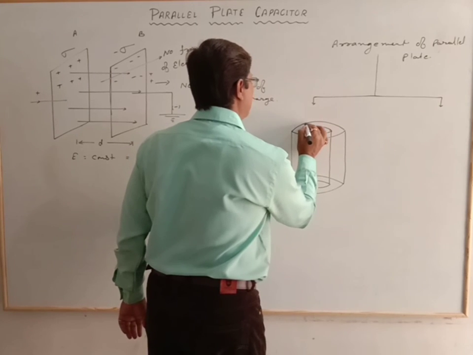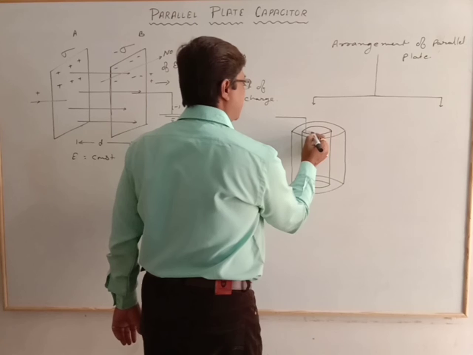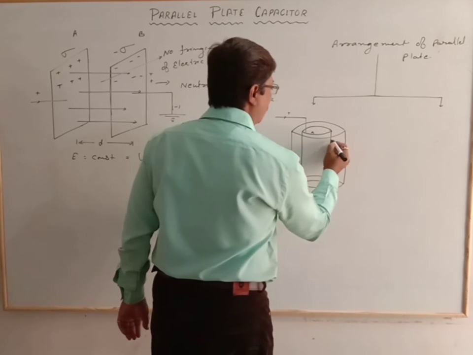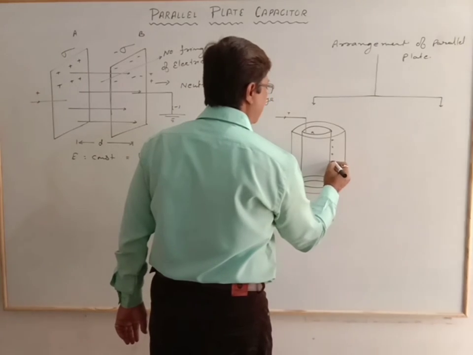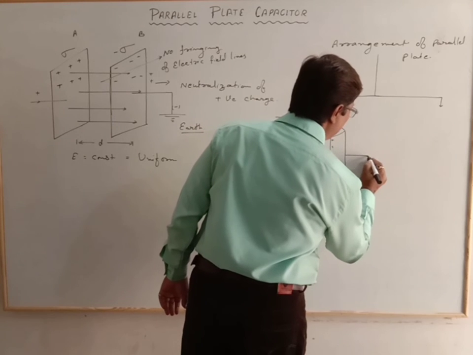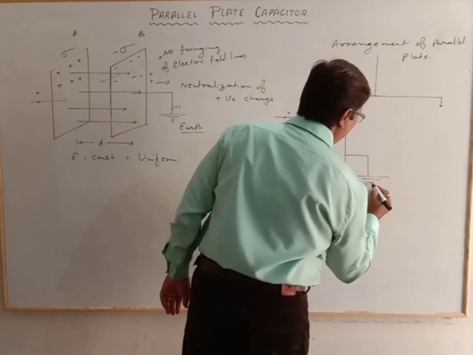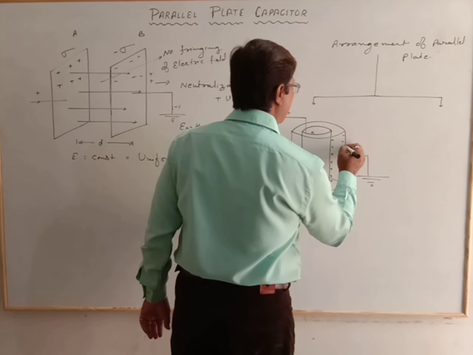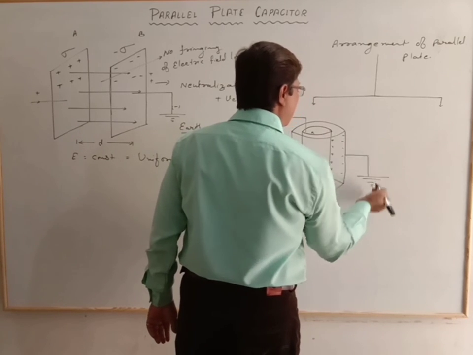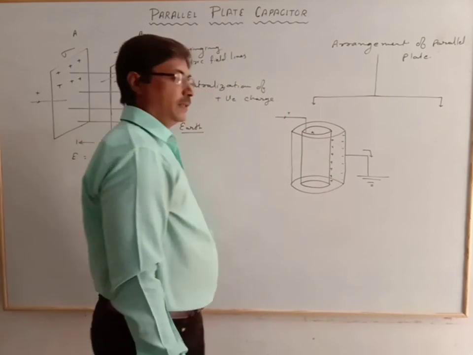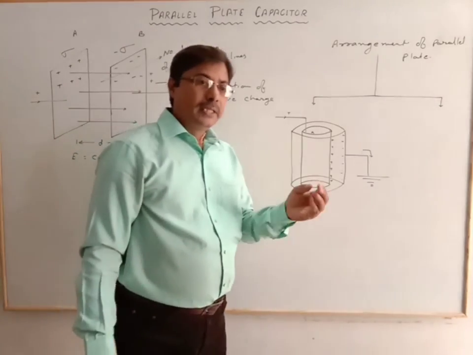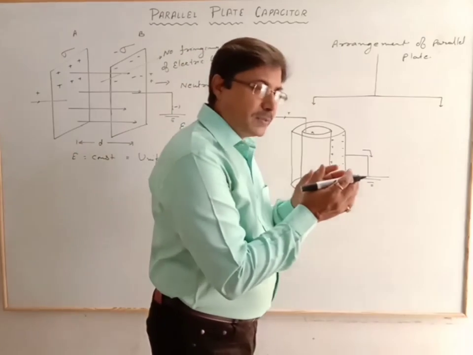Suppose charge is supplied to plate A. Plate A is this one, and charge is given to it so that the charge is arranged over it linearly. And the other one is the earth, which becomes the plate of negative character. Positive will move to the earth. This is the arrangement.